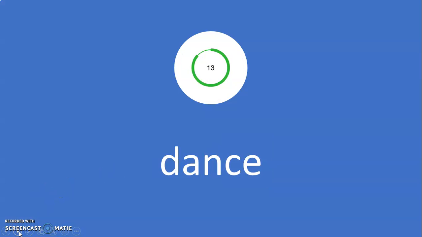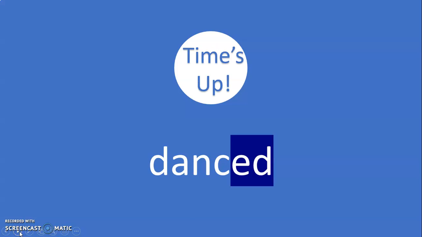Okay, dance. Ooh. Notice this one ends in an E, so we have a special rule. If it already ends in E, we add just D. Okay, so dance, I made the mistake of highlighting both, but notice that E was already there for dance.